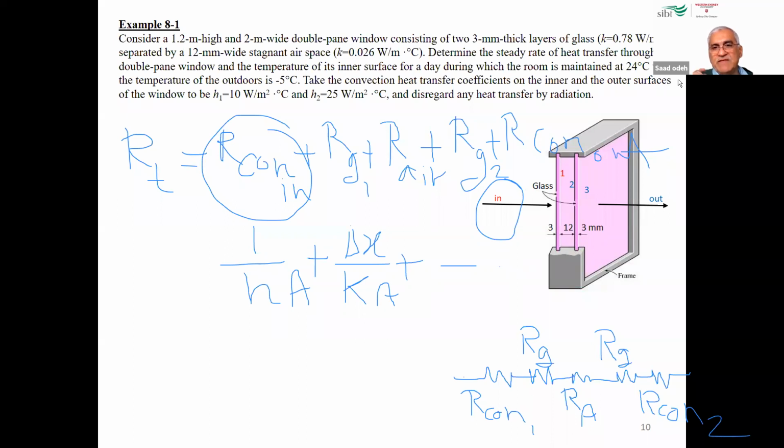Do you have any question before we go to Kahoot? For the air inside the glasses, the formula will be the same, delta X by K A. Yeah, that's right. Because the air is enclosed and it's not open air, there is no circulation inside. The area will be calculated the same as the glass. All the areas are the same because we have the same surface area for all layers.